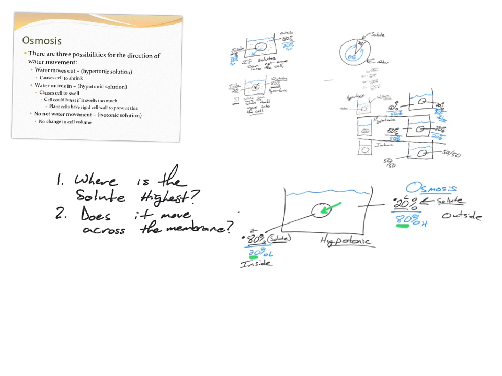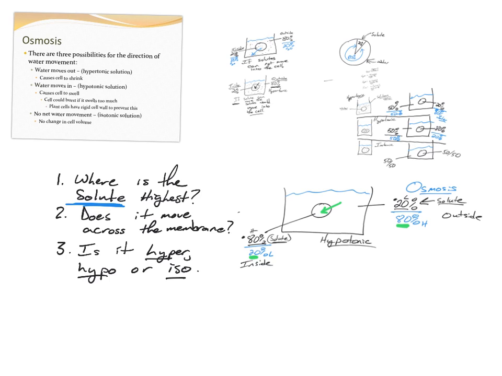Question three: is it hyper, hypo, or iso? How do you decide if it's hyper, hypo, or isotonic? It all depends on the concentration of what? The solute. That's what defines it.